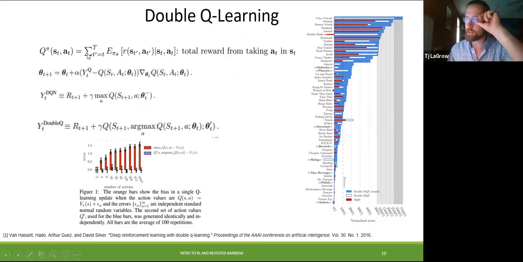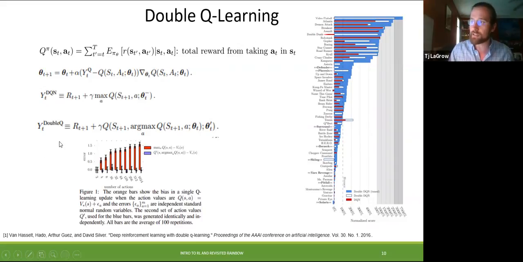Here we have the standard equation for Q learning, or for DQN. Here we have the update step, where we take a specific time t and add in the gradient from the target network, updating it by the gradient of the state itself. With DQN, we have the reward plus a discount factor that maximizes the action of the Q network given the state and the action.